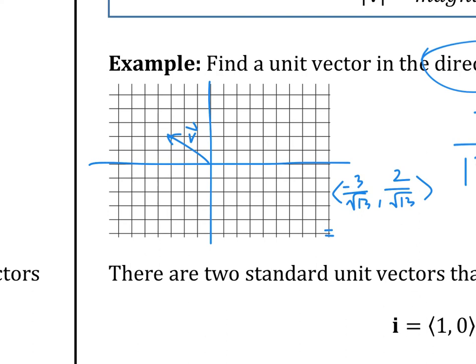So 3 divided by square root 13, this is negative 0.83. And then 2 over square root 13 is 0.55. So negative 0.83, 0.55 is about there. So it's a vector that points in the same exact direction, but that magnitude is just 1. Does that kind of make sense?